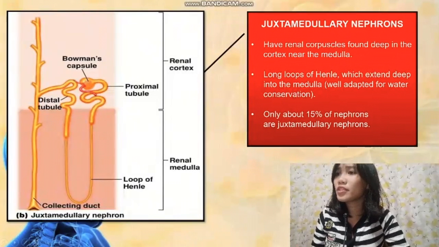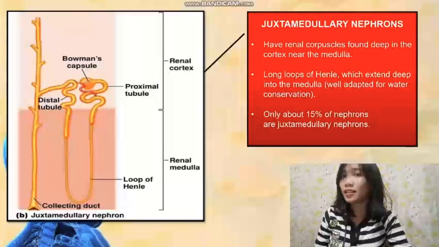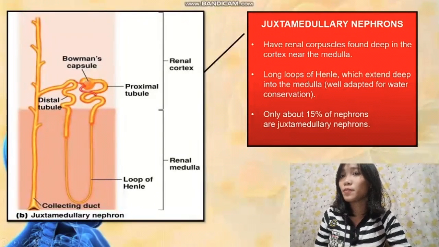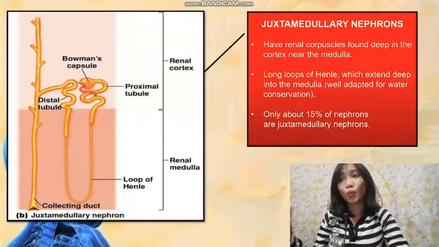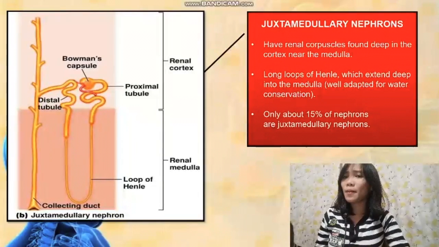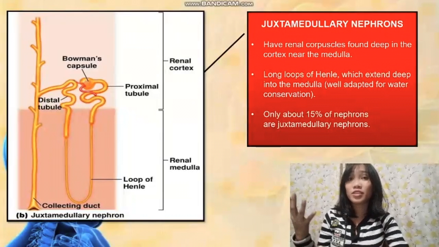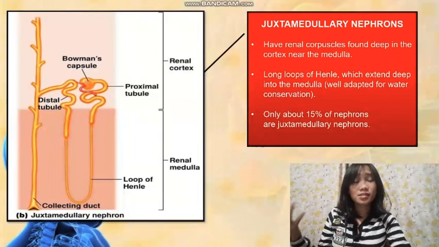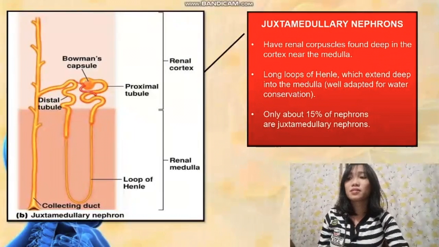They have long loops of Henle, which extend deep into the medulla, which is well adapted for water conservation. Only about 15% of nephrons are juxtamedullary nephrons.